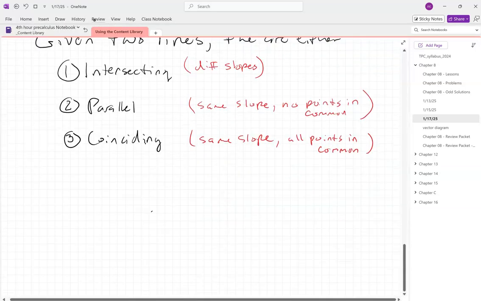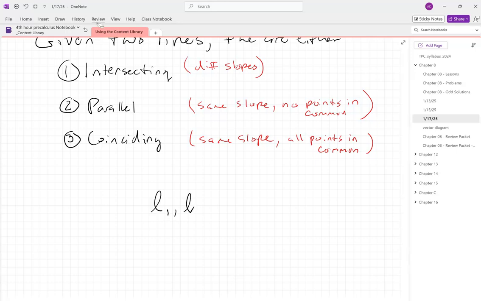So if I have two lines like L1 and L2, if I want to sort out whether they're intersecting, parallel, or coinciding, the first thing I'd ask is, do they have the same slope?